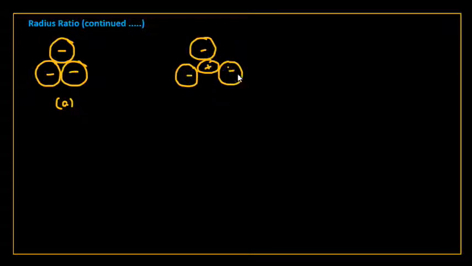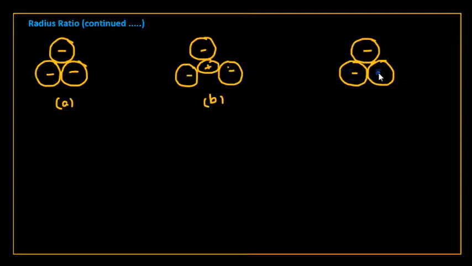So this is B. And again, three spheres are there touching each other. So this is figure 3.